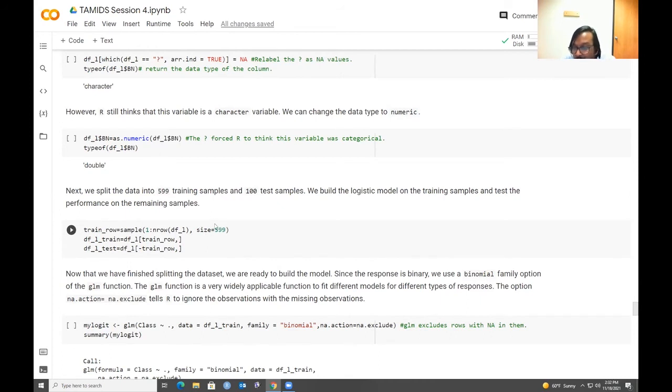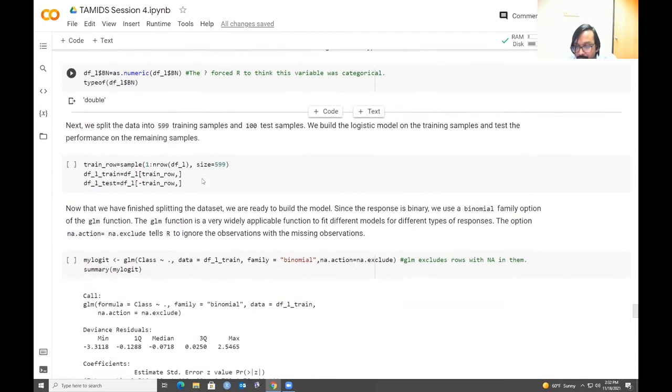And then I'm taking a sample of size 599. This function only gives you the row numbers that were selected at random. Then you take the corresponding rows and you take only those rows in your training data set. So df_L[train_row, ] gives you the training data set, while the remaining becomes a testing data set. This is exactly as we had analyzed before in the previous sections.